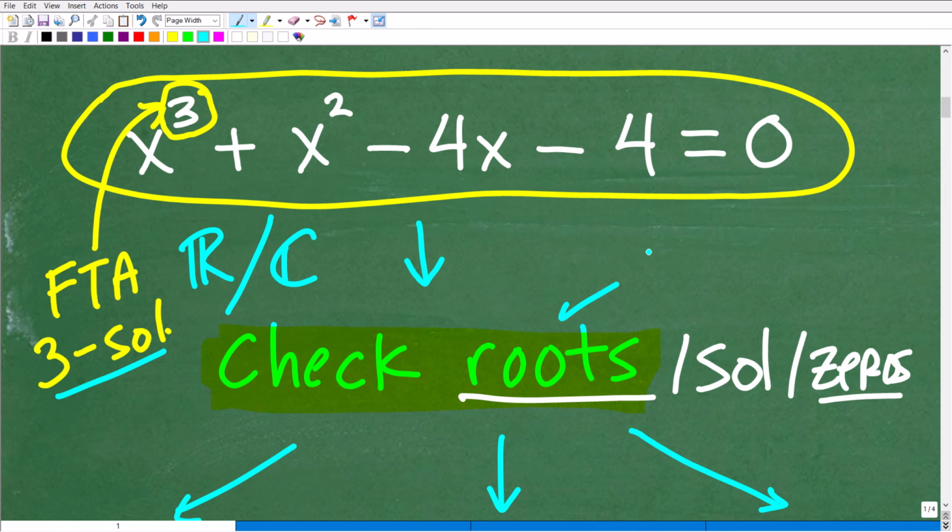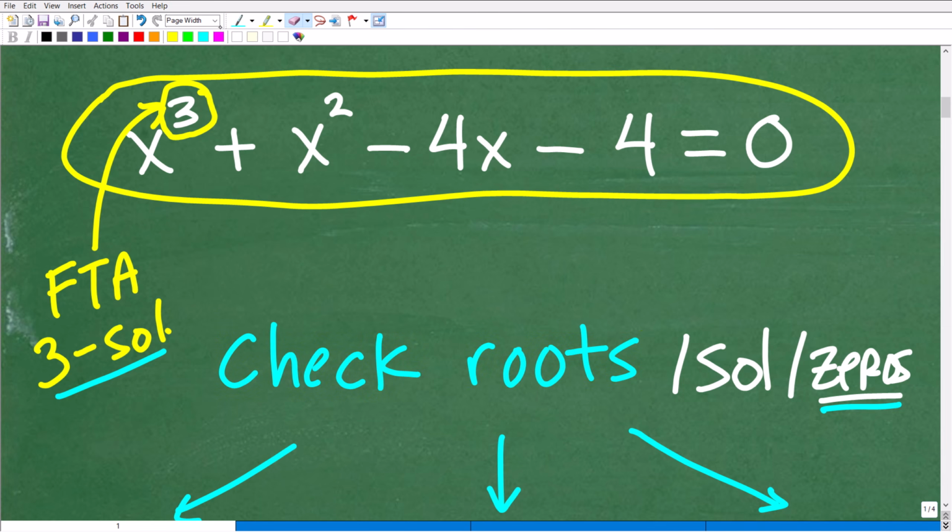So oftentimes you might be facing a test question that says, hey, find the roots or find the solutions, find all the zeros, etc. In this particular case, we're going to just use the word roots because that's a pretty common description. There could be some technical differences to these words, but effectively, when you hear or see the word roots, we're talking about solutions.